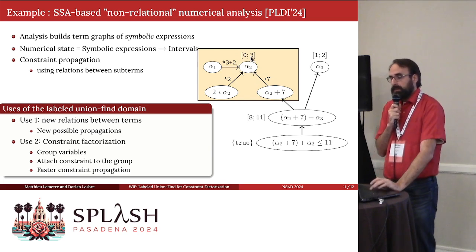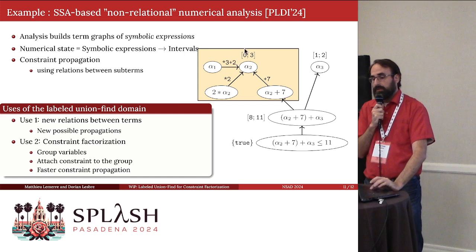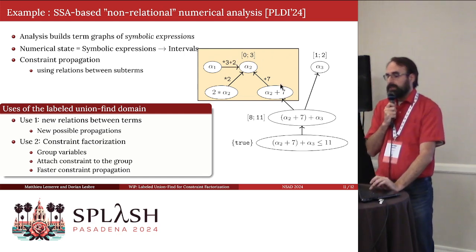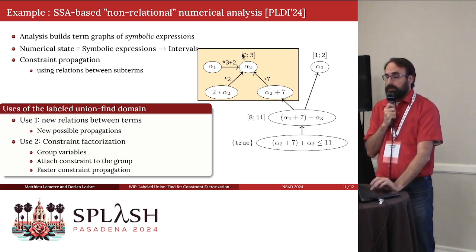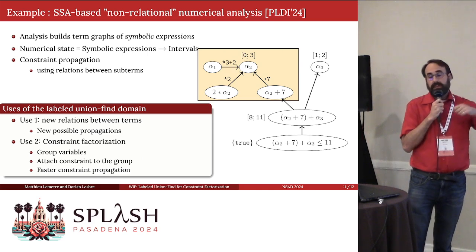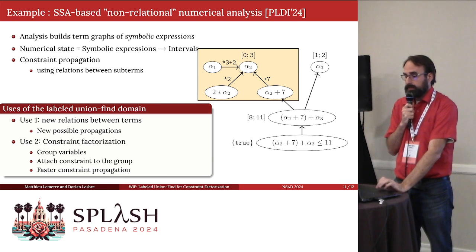And instead of storing the interval for each of these terms, we represent only an interval for the representative element of the class. And it's interesting because when we do constraint factorization, instead of studying all the possible relations between any pairs of the variables here, we update the interval for the root once, and then all of the other relations are automatically updated. And so we save a lot of time spent doing this constraint propagation.